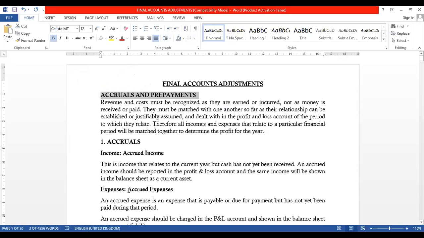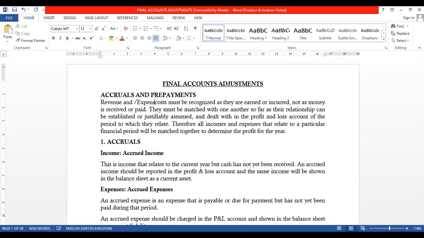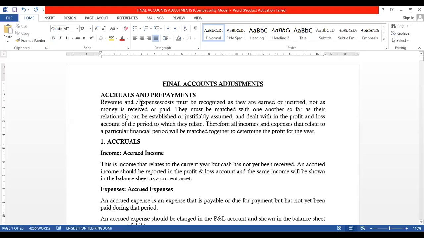I am very sure there was an accrual concept, where we said that revenues and expenses must be recognized when they are earned or incurred, and not when money is received or paid. Can we remember that? Expenses or costs.